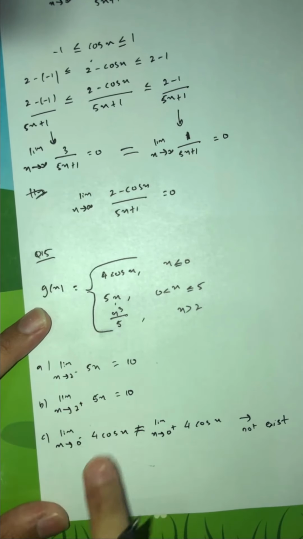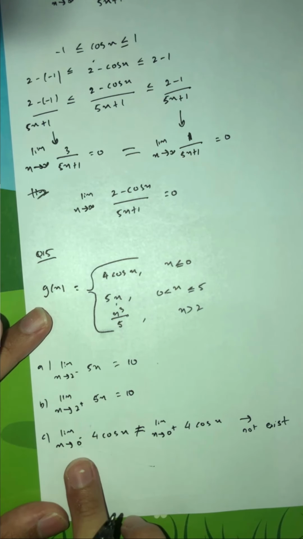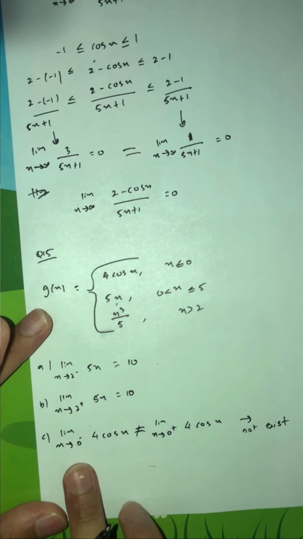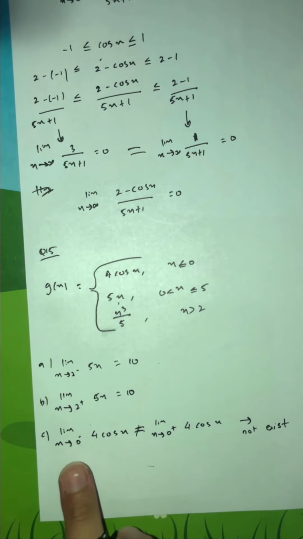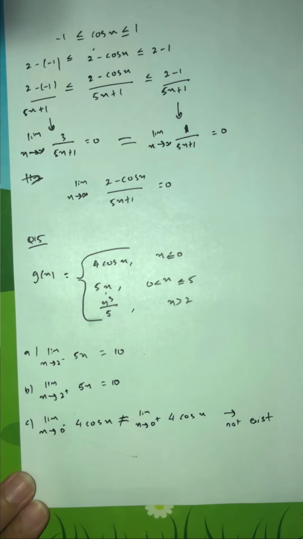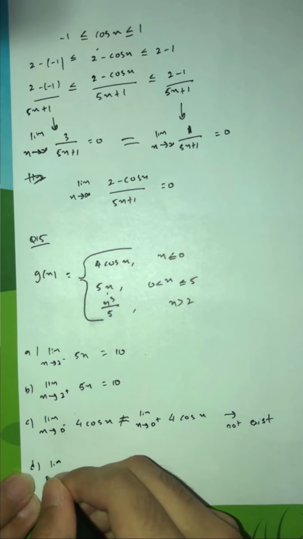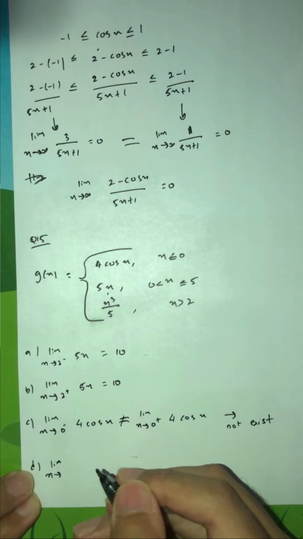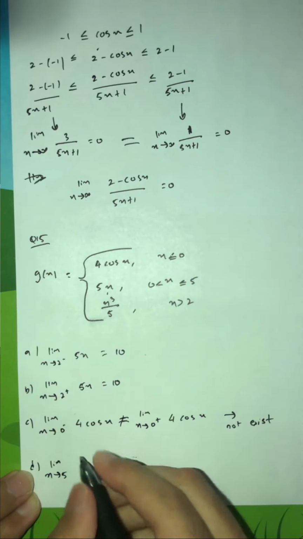Actually, the previous ones already specified negative and positive, but the third one asks us directly to approach 0 only, so it's better if you calculate from the left and from the right and see whether the limit exists. You need to find first whether the limit exists or not. The last part is the limit as x approaches 5, the same as this, not positive or negative.